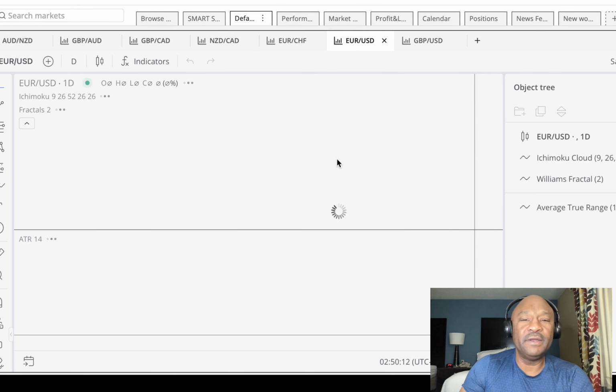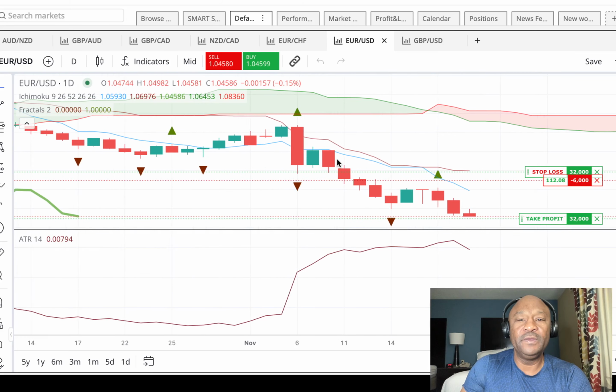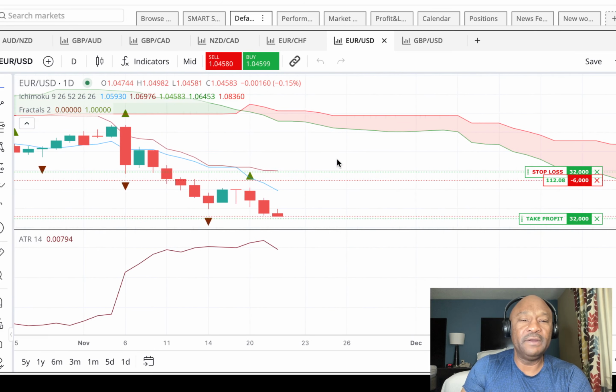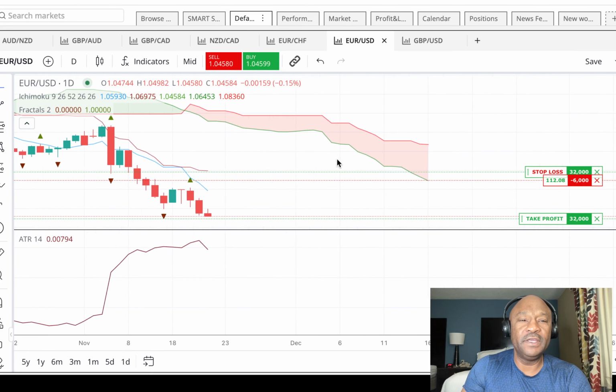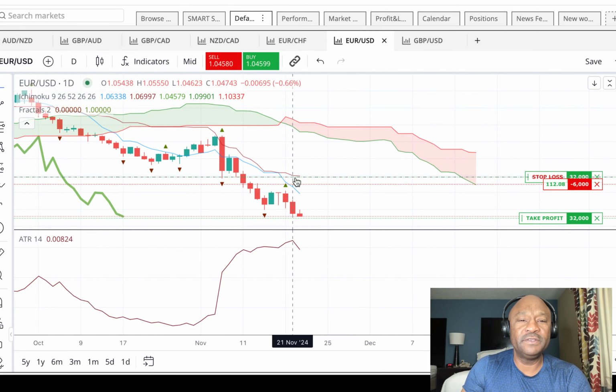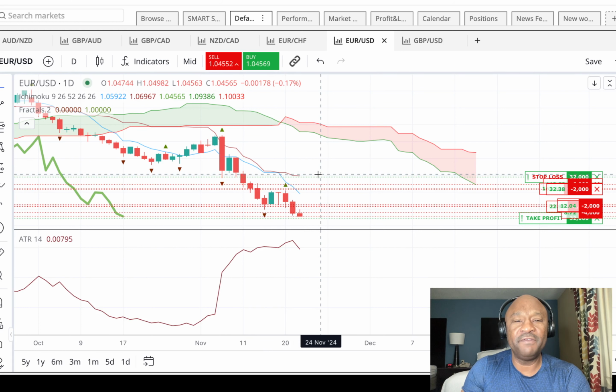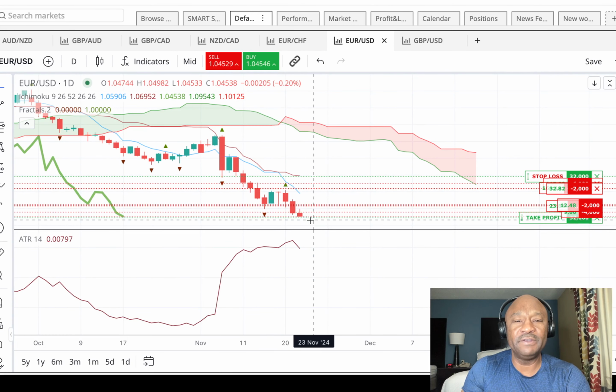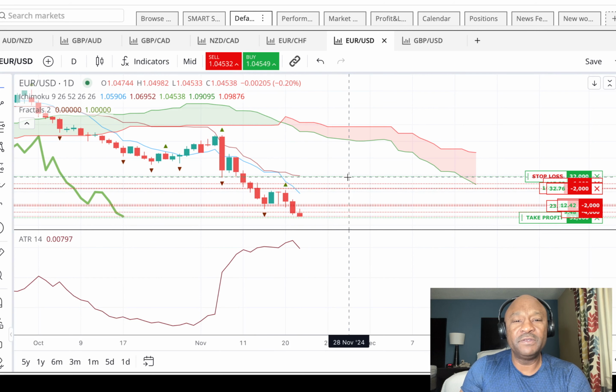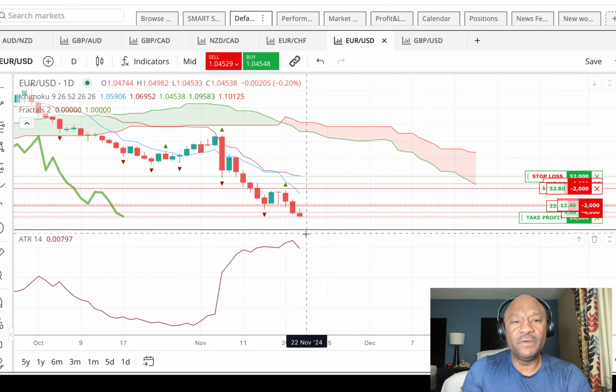All right, next up, euro dollar. The dollar is getting stronger, but yes, the baseline is starting to flatten out. But what normally happens is the baseline flattens out, the conversion line still goes downward with the price action, and the price action will slowly spring back, or it will continue downward.